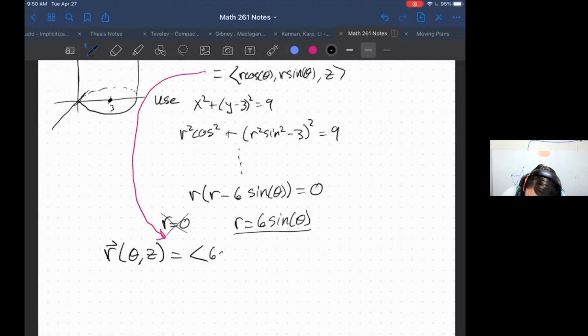So we have 6 sine of theta cosine of theta, comma 6 sine squared of theta, comma z. So this is a nice example where we see that we're using cylindrical coordinates, but we're not using r and theta in this case, we're using theta and z.